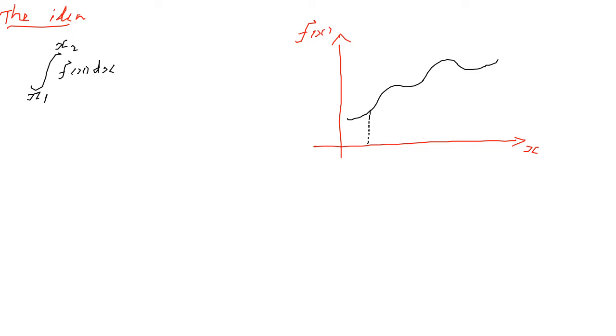So this is x1 and we'll consider another point, say x2. Okay, so we know that this integral, which we can represent as I, is nothing but the area under the curve.